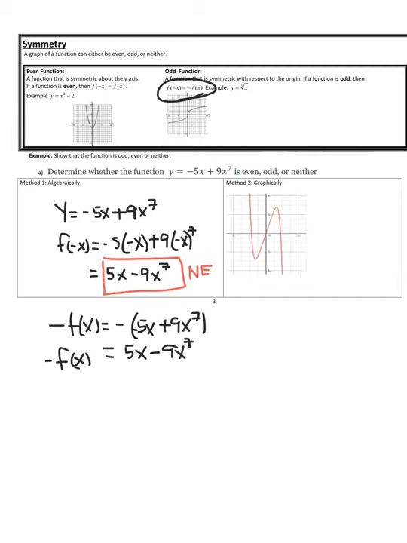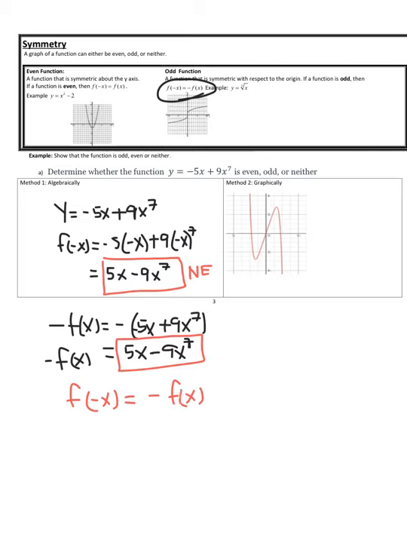So I'm going again to highlight what I got here. And since what I see here looks the same, this means f of negative x equals negative f of x.